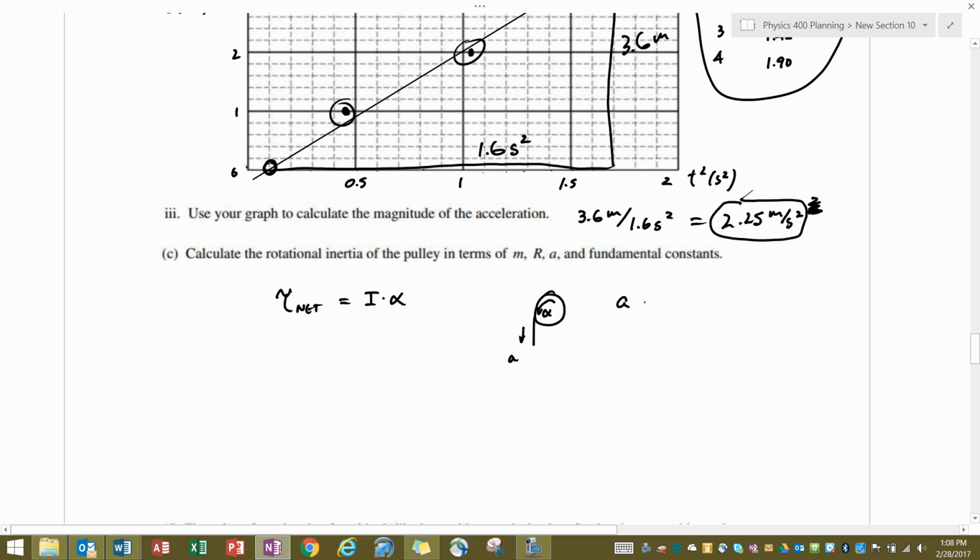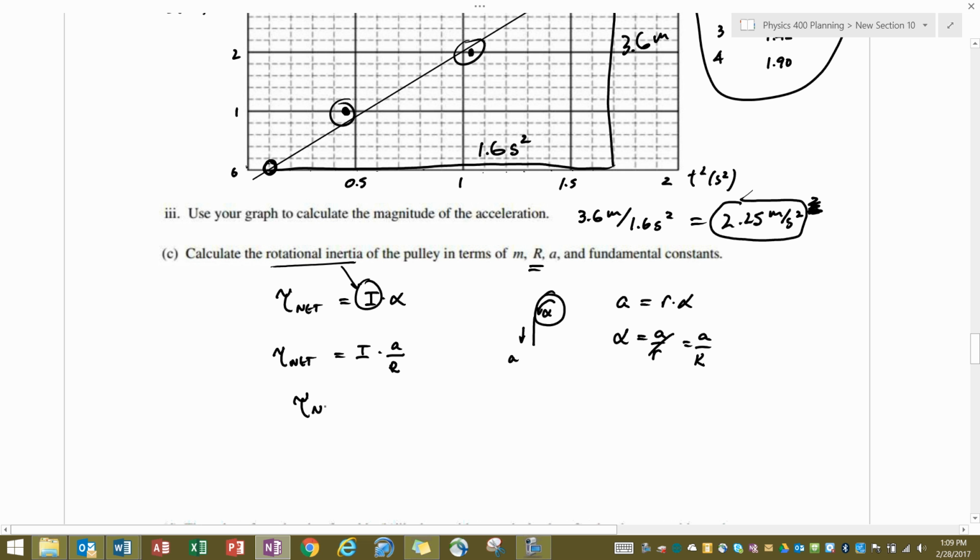So a is equal to R times alpha, or alpha is equal to a over R. So if I make the substitution here, the net torque is equal to I times a over capital R, is the symbol that I'd have to be using here. And I'm trying to find the rotational inertia, which is this thing, I.